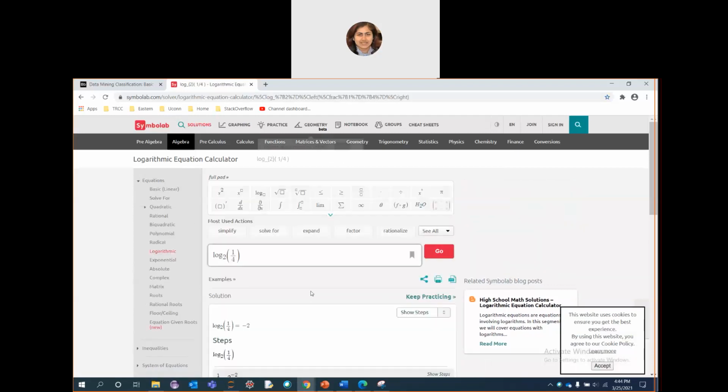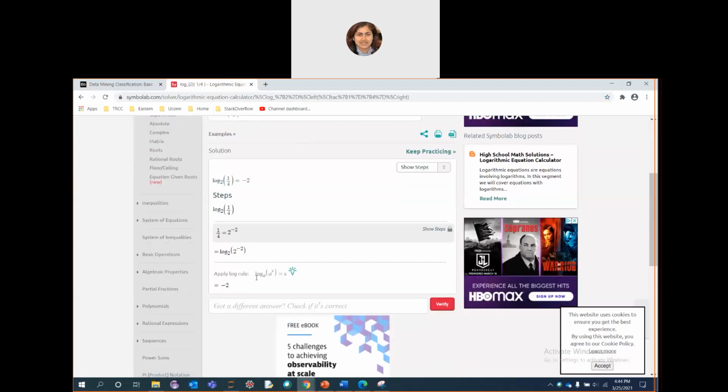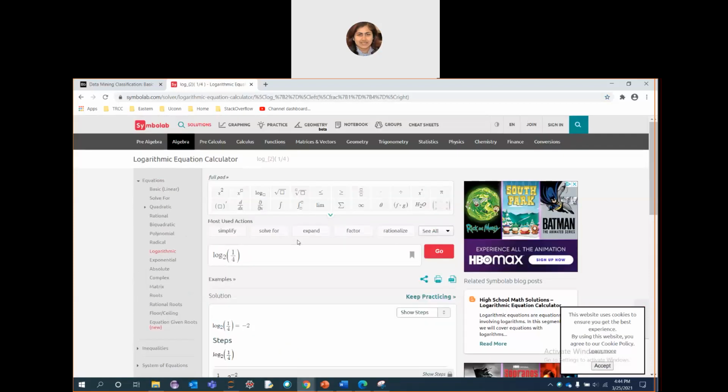Go. It will give you the answer like this. So there are so many online tools available. Otherwise, you can also do the calculation by calculator, because log values you need to calculate by calculator. I find it easier this way using some online tools like this.